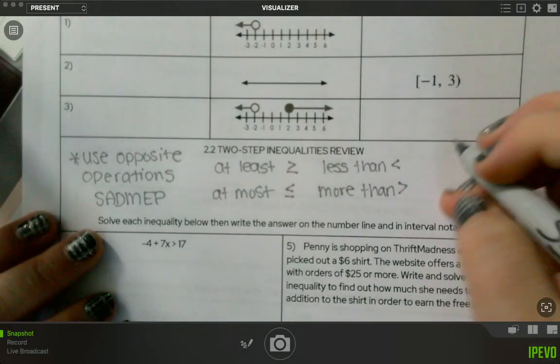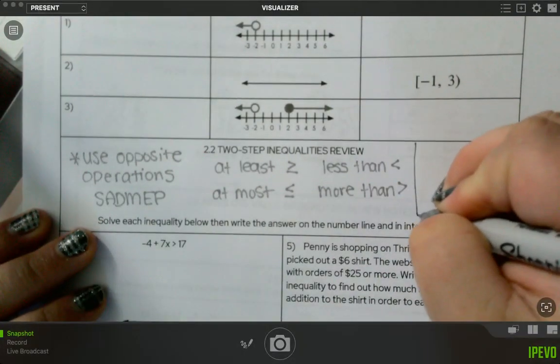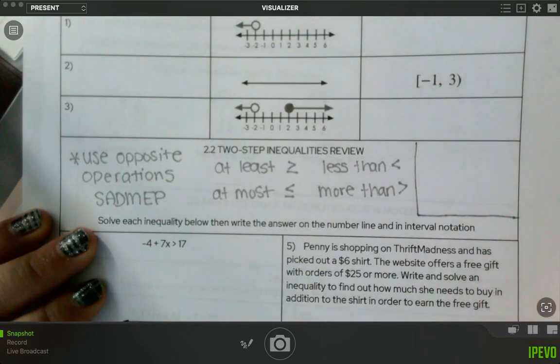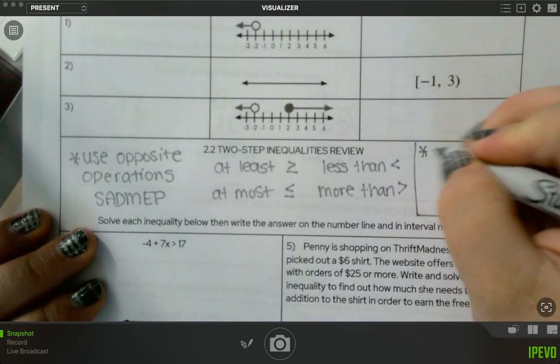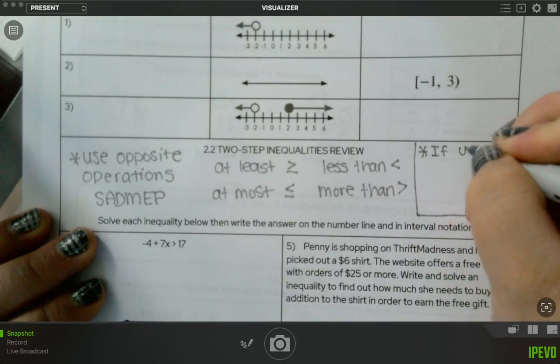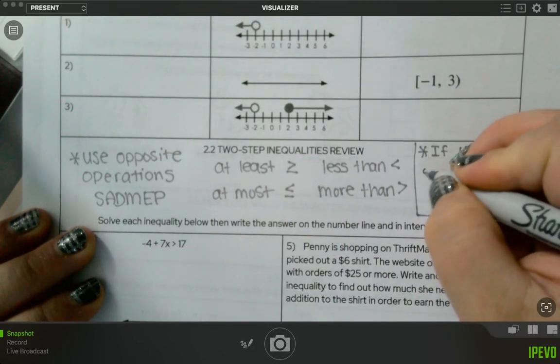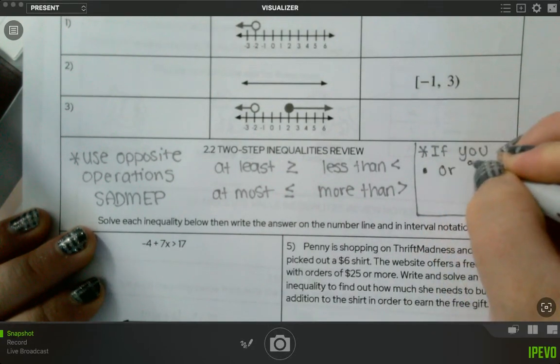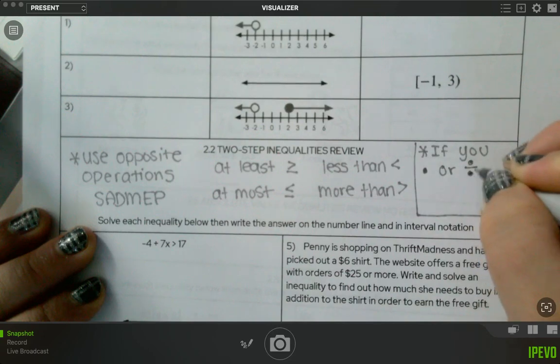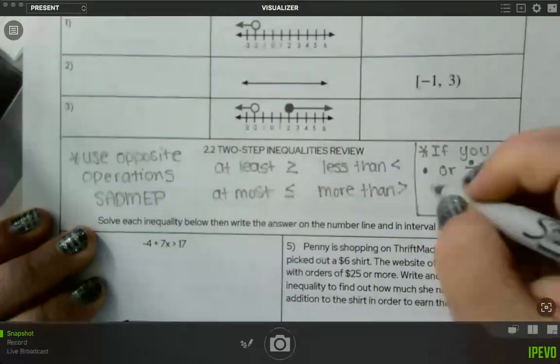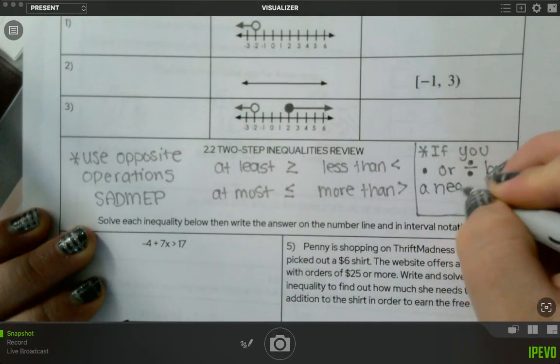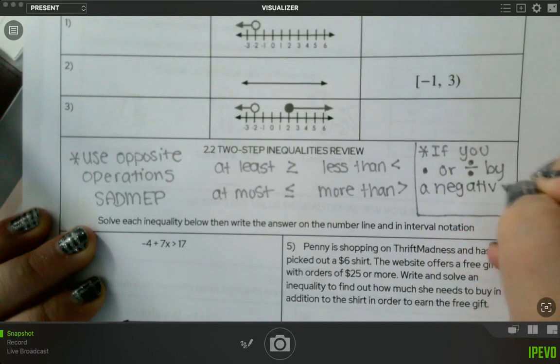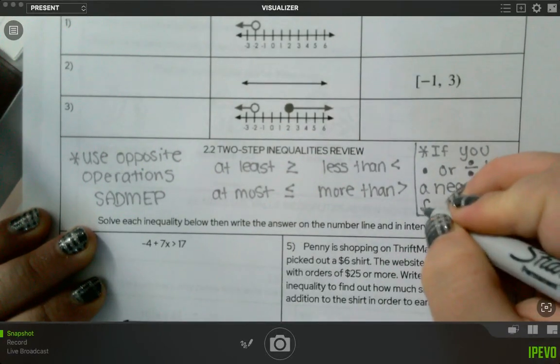And then over here in the corner, I'm going to put a box around the golden rule, which is if you multiply or divide by a negative number, flip the symbol.